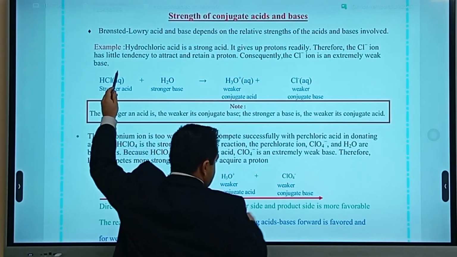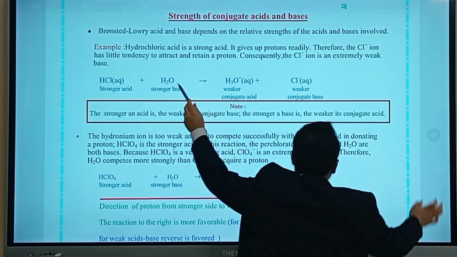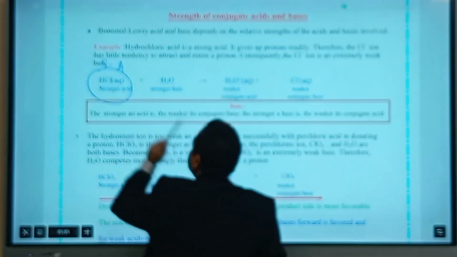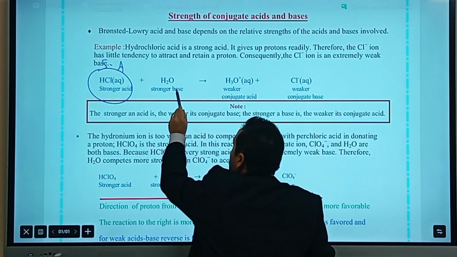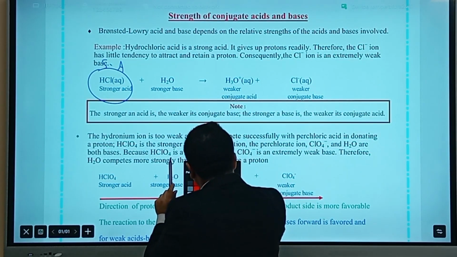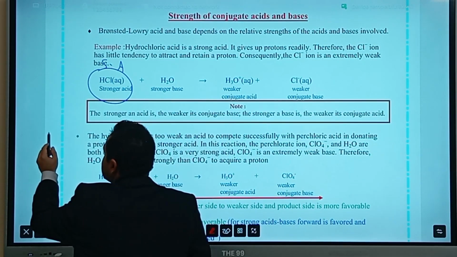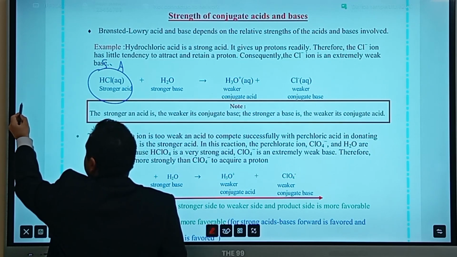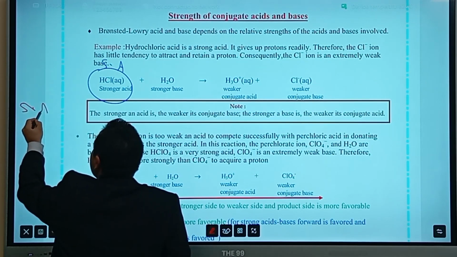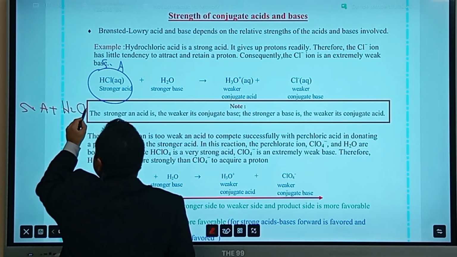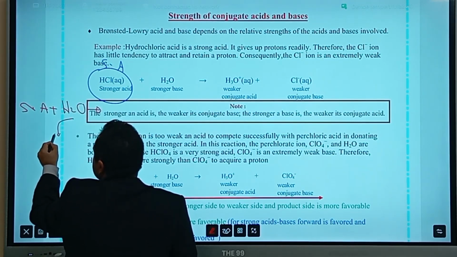HCl is a strong acid. How about H2O? Let me tell you how to determine the strength of H2O, guys. If a strong acid combines with H2O, in this case H2O always becomes a strong base.